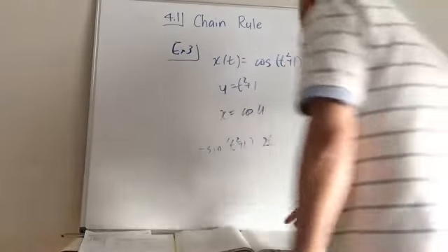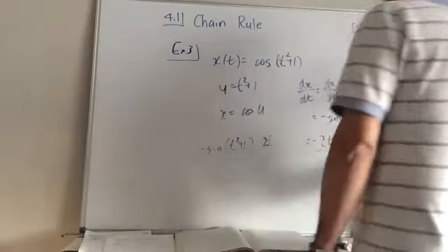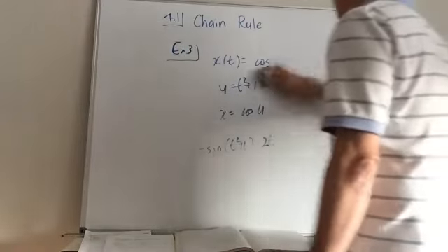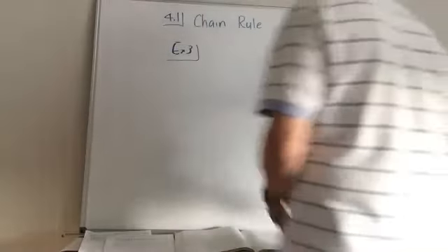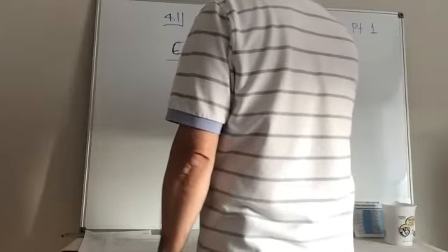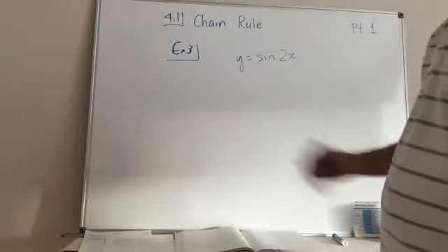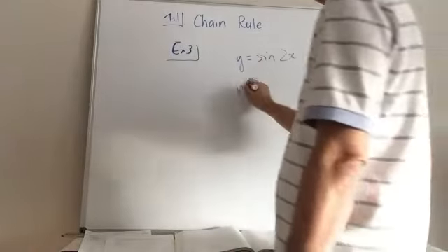If you go to page 157, it says outside, inside rule. So you go from the outside into the inside. If I ask you the derivative of y equals sine 2x, I would take the outside derivative first.